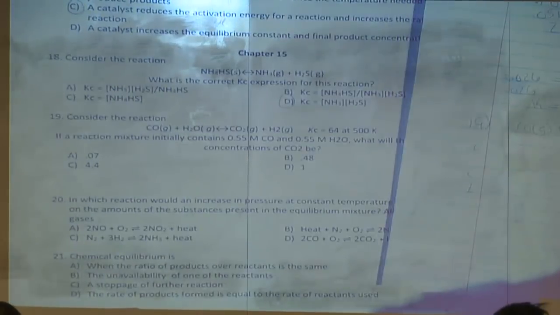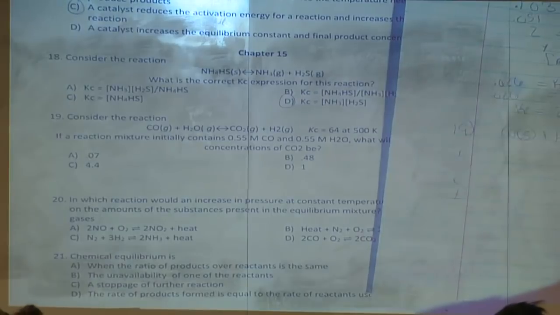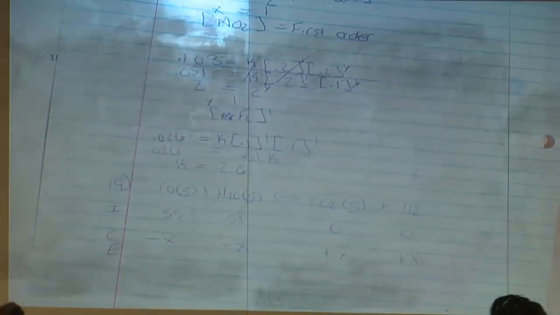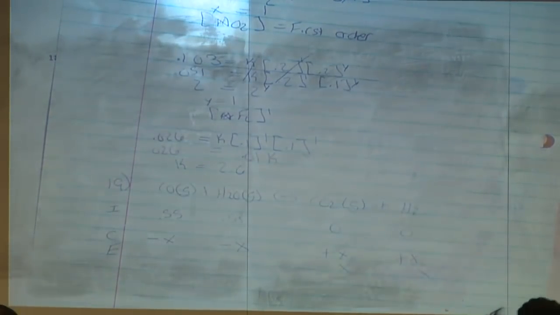So initially, there's 0.55 of CO and H2O. Nothing was told about the products, so we can say initially there's nothing of the products yet. The change for both the reactants should be negative X, because we don't know what the change is yet. And the change for the products should be positive X. So that means at equilibrium, the concentration of the products are both X. At equilibrium, the concentration of both the reactants is 0.55 minus X.